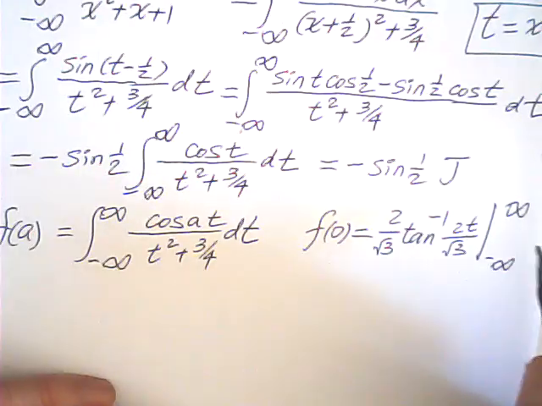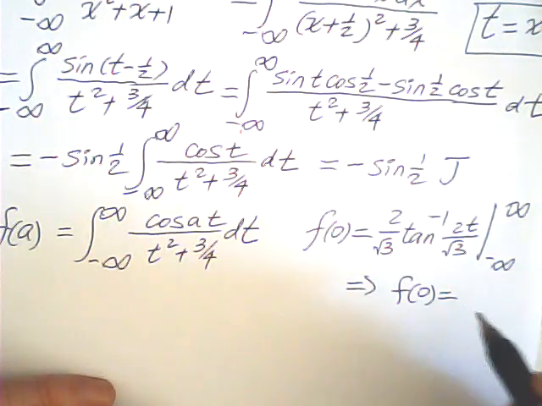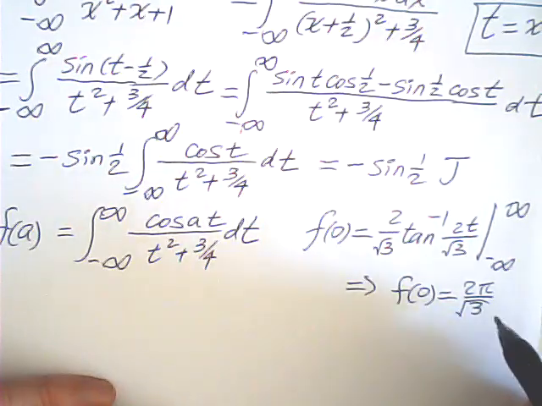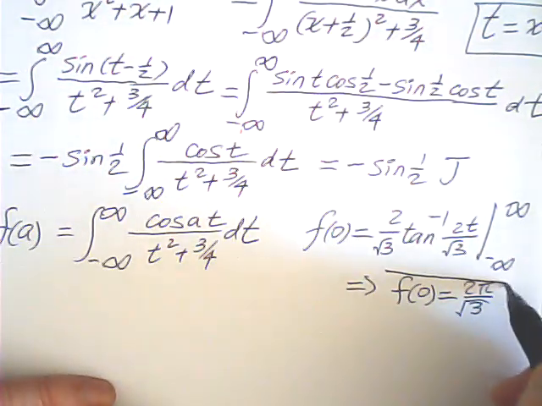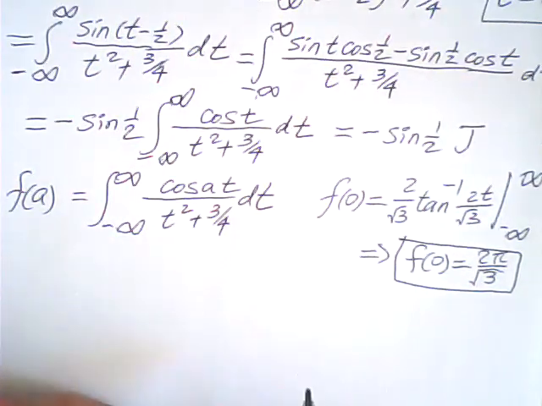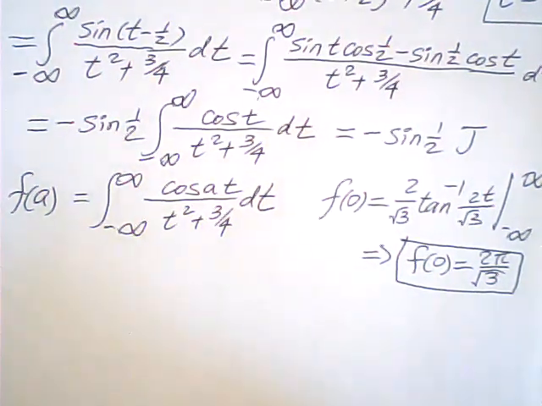Which means that f of 0 is equal to 2 pi over root 3. So this is my initial condition. And we are looking for f of 1, right?